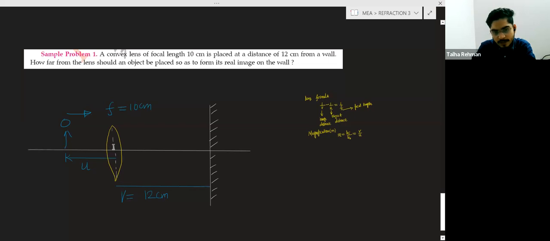Your image is here, so you are moving in the direction of the light to measure the image distance, as I told you in the sign convention. That is why the image distance will be plus 12. For the unknown quantity, we will not take any sign.